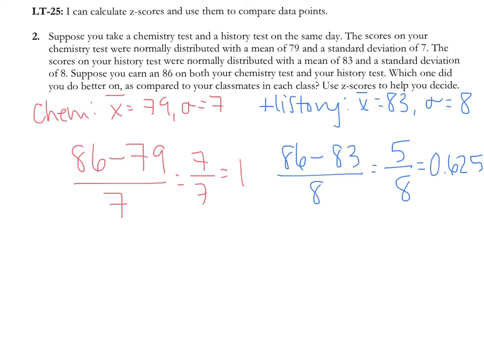So you did better on your chemistry test than you did on your history test. On both your tests, your scores were above the mean, but in chemistry you scored 1 standard deviation above the mean, whereas in history you only scored 0.625 standard deviations above the mean.